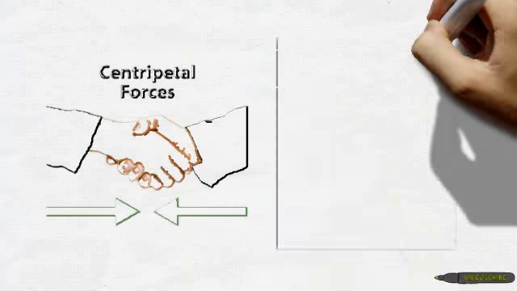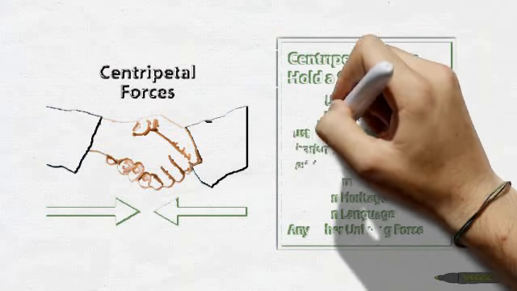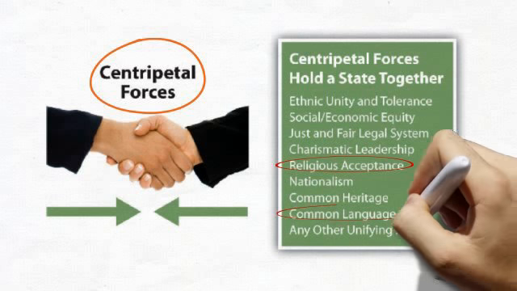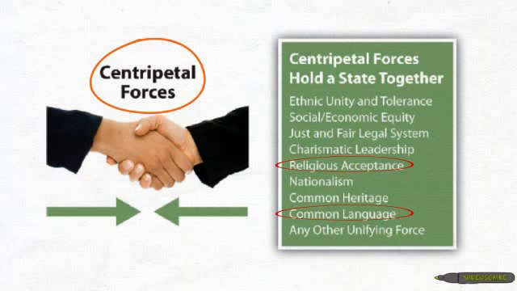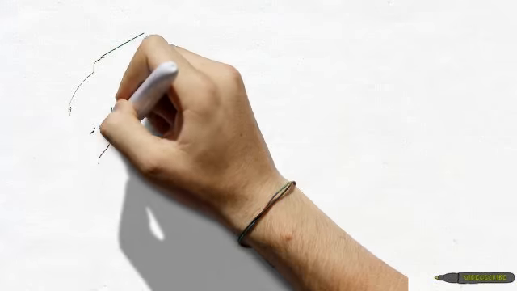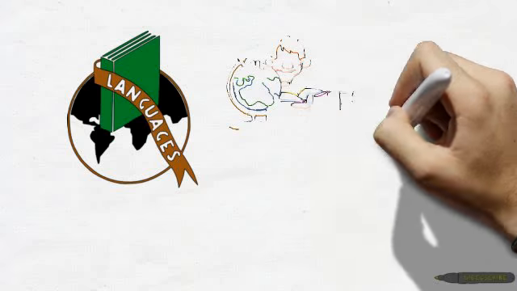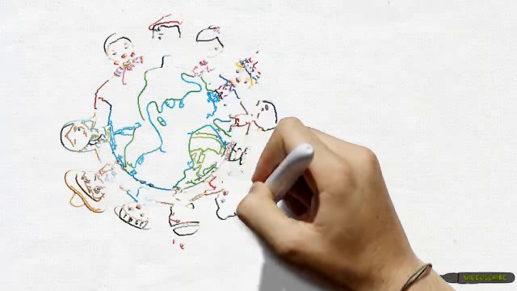In contrast, forces that tend to unite a state are called centripetal forces. A religious or linguistic factor may be both a centrifugal and a centripetal factor at the same time. The unifying factors, such as language and religion, give people a shared, positive vision of what their country is all about.